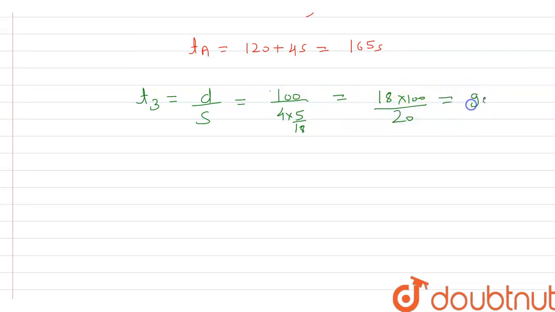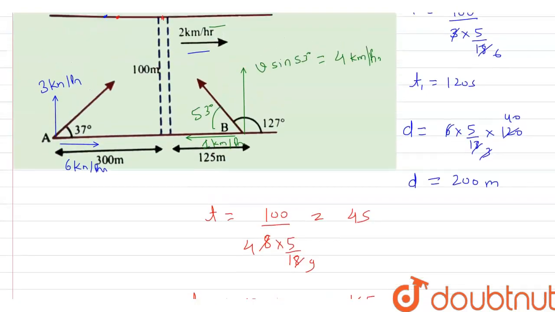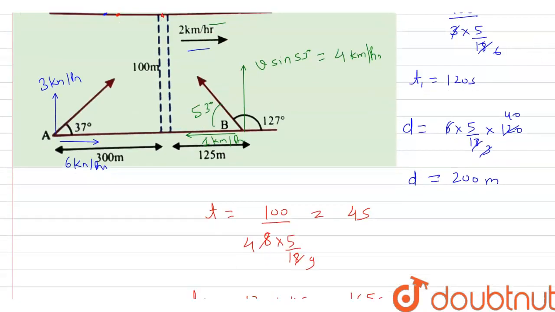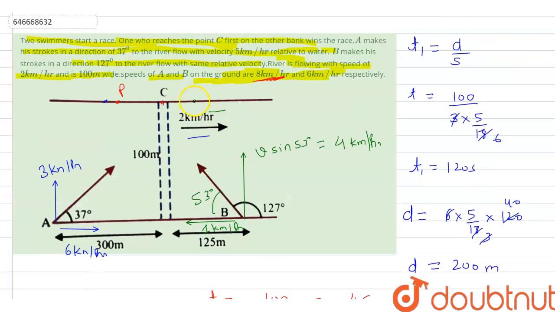So this will be 90 seconds. So it has taken 90 seconds to reach the other side of the bank. Let's say it reaches here at the point Q.